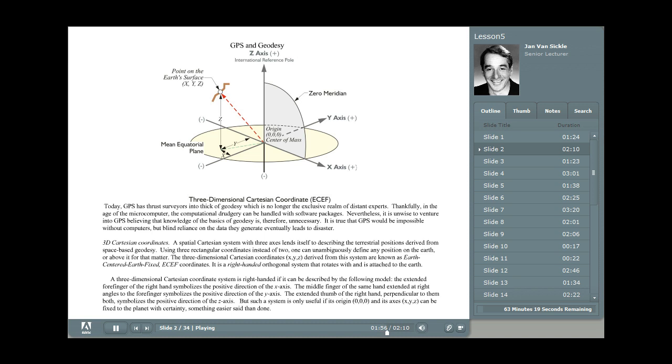These three axes can be used to describe terrestrial positions based on space geodesy, in other words, based upon satellites that orbit the Earth.